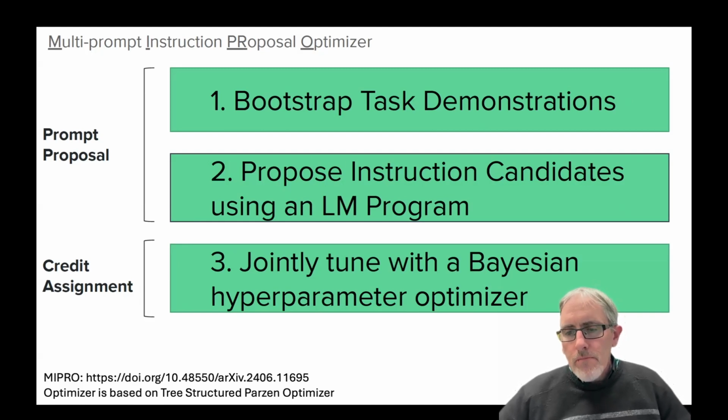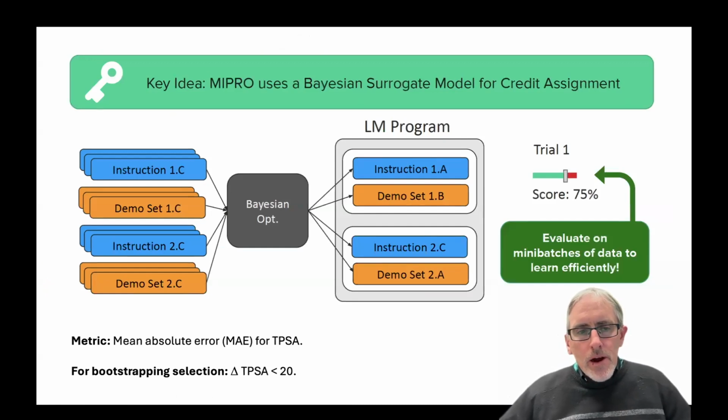So you get the benefits of creating these very nuanced prompts that have been shown to improve the results from LLMs, but do this in an automated fashion, using PyTorch to evaluate and select the parameters. This is done in a process where you generate many different bootstrapped example sets and candidate instruction sets, and then evaluate how well these work against a metric. The metric in this case is the mean absolute error in the prediction of the TPSA value.